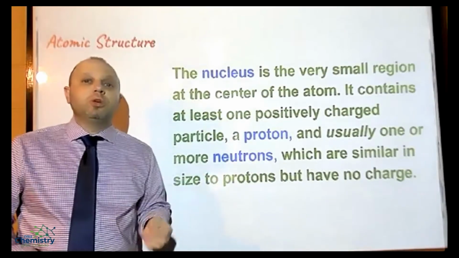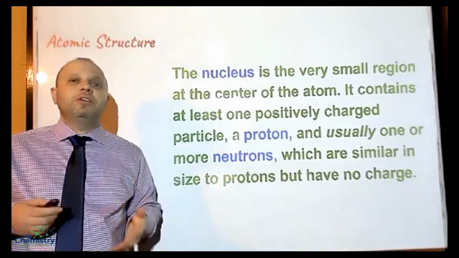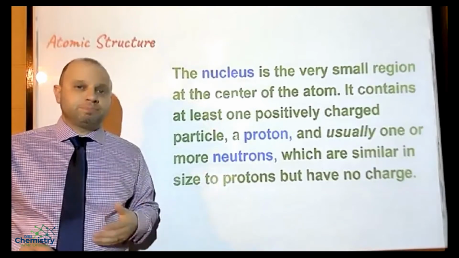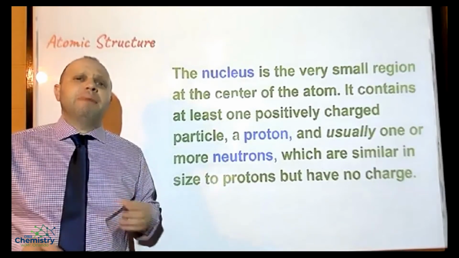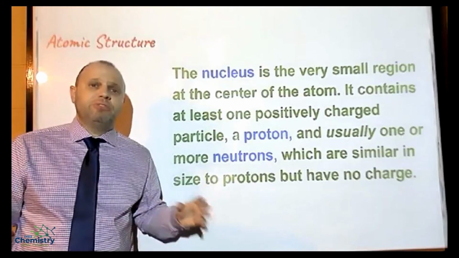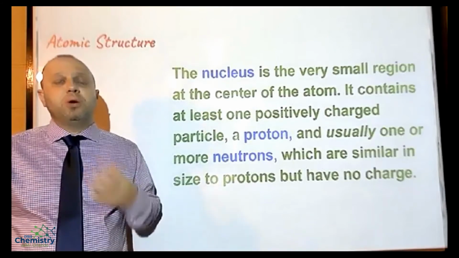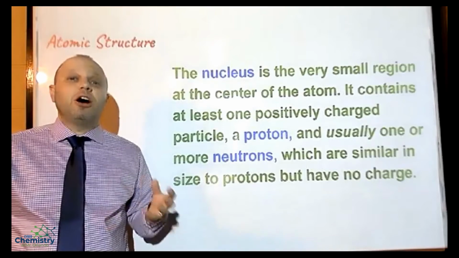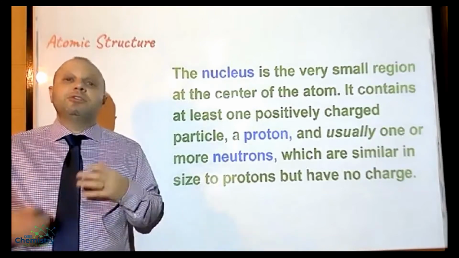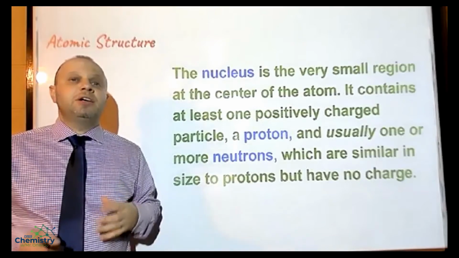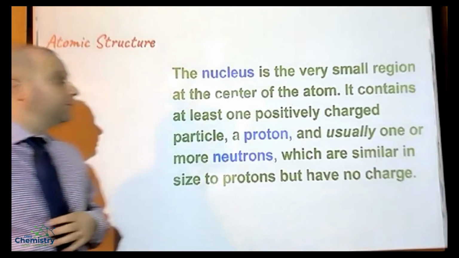That's why, when we were trying to figure out what was causing the discrepancy with mass, once we realized that the mass of the electron was negligible, very small, we were able to conclude that there must be that other particle, the neutron. It was very similar in size to a proton, but had no charge.